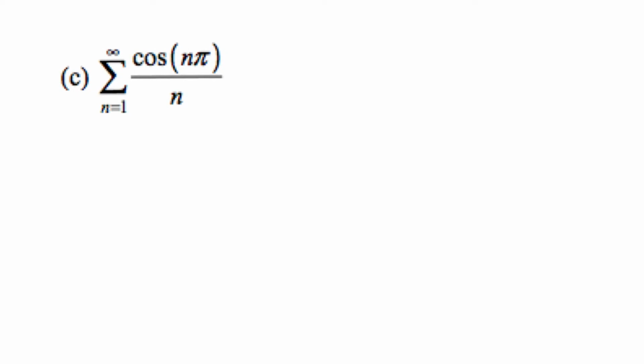All right, let's take a look at the next example. Here, it's not super clear that you have an alternation, but take a look at what this is saying. If I plug in n equals 1, you'd have cosine of pi, which is -1 over 1. Then when I plug in a 2, I would have cosine of 2 pi, which is a +1 over 2. Then you'd have cosine of 3 pi, which is a -1 over 3.